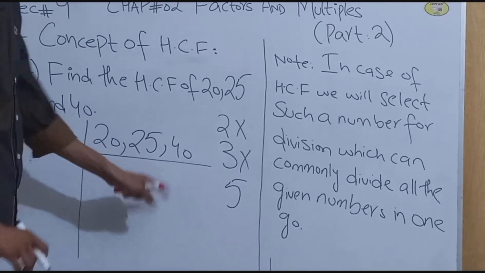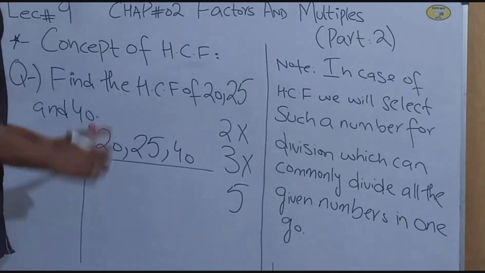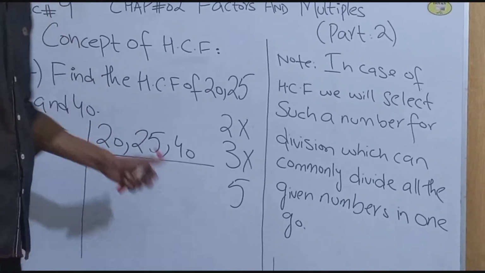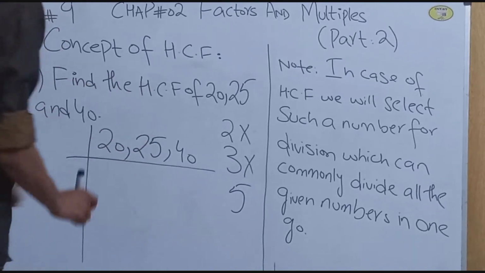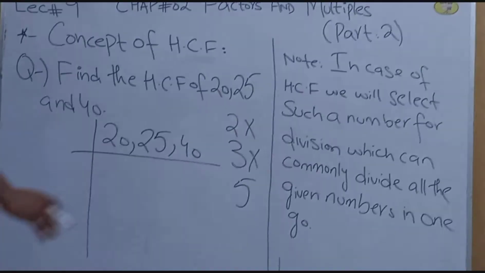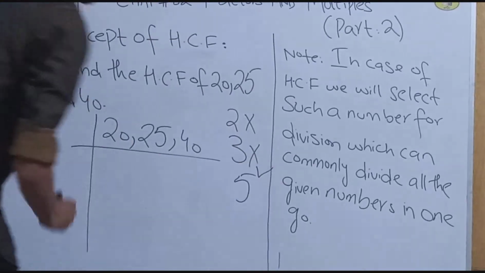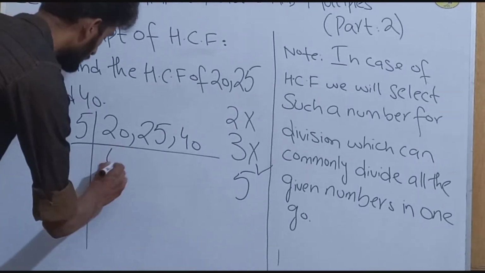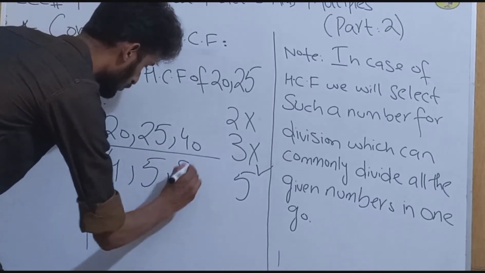The answer is yes, because the last digit in 40 is 0. In the divisibility rules of 5 we have studied, if the last digit is 0 or 5, the number is divisible by 5. So 20, 25 and 40, all these three numbers are divisible by 5. So we will divide. 5 4s are 20, 5 5s are 25 and 5 8s are 40.